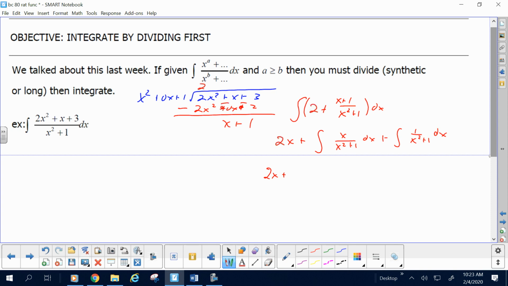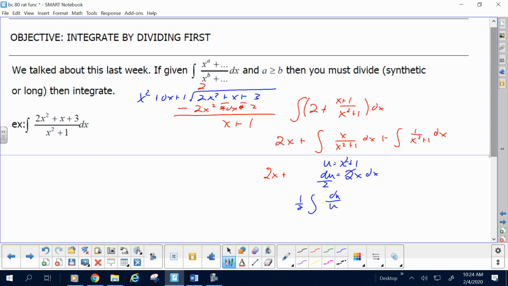All right, now, if I u sub the first one, what's u? x squared plus 1, therefore du is 2x dx, so we've moved the 2 over, and it becomes 1/2 du over u.